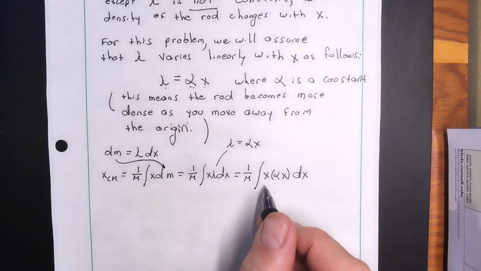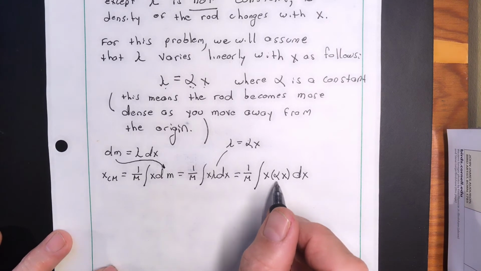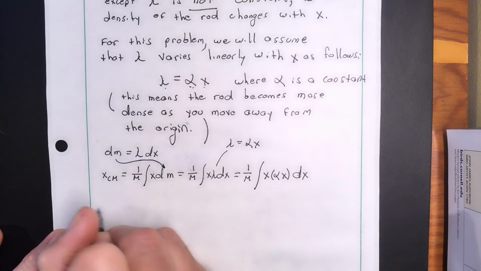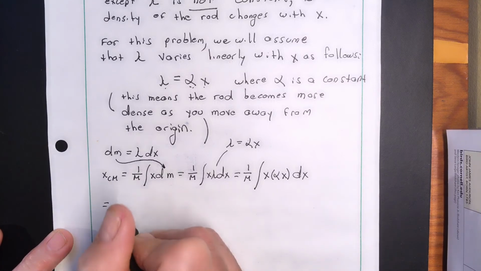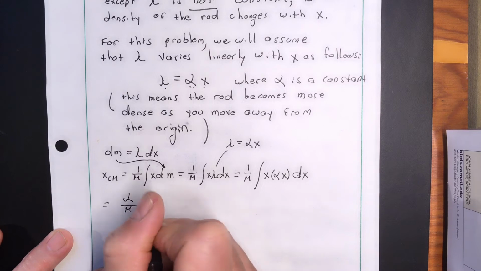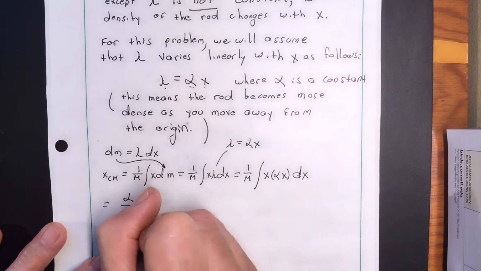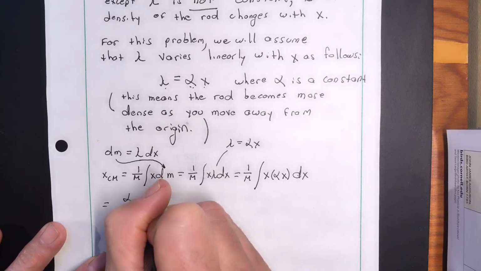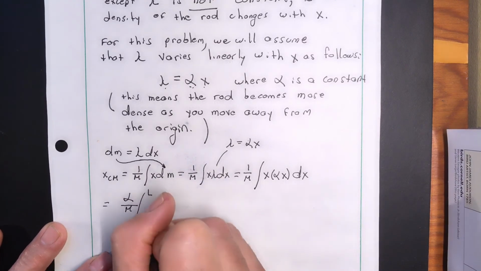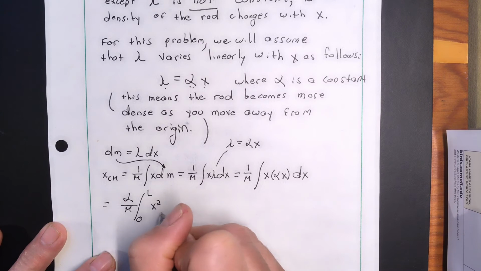Now alpha is a constant. So this whole thing equals alpha over m, the integral from 0 to L, over the whole length of the rod, of x squared dx.